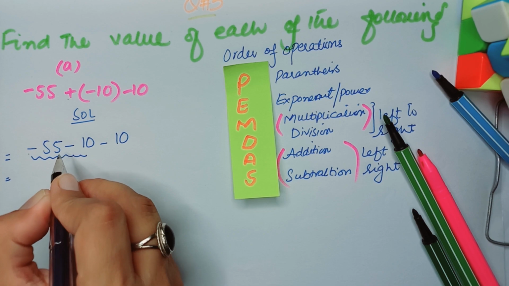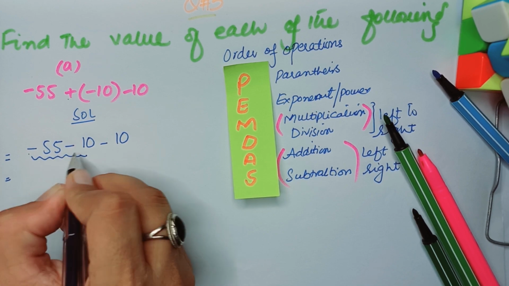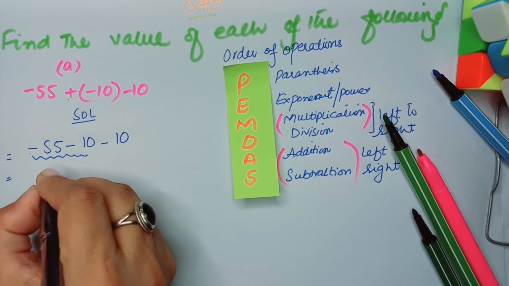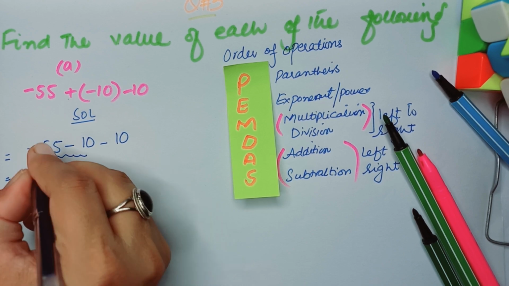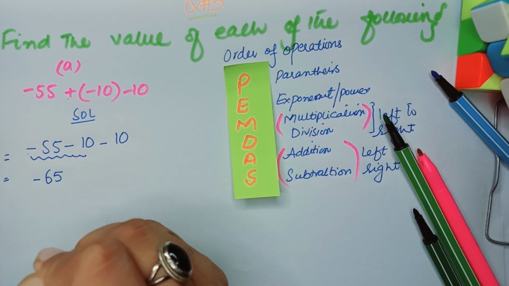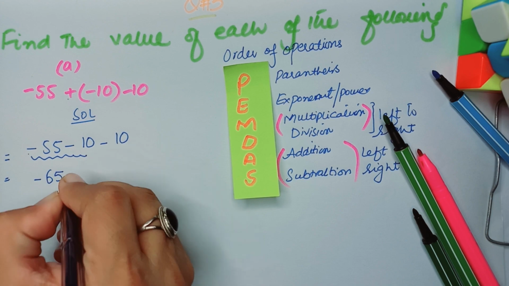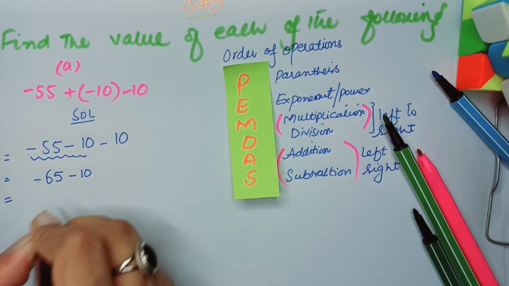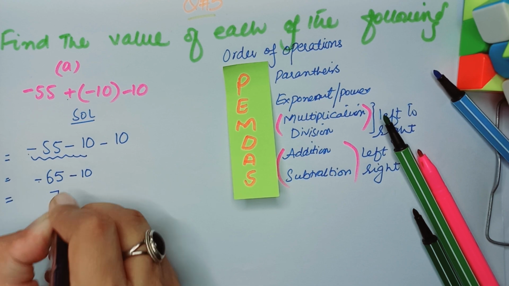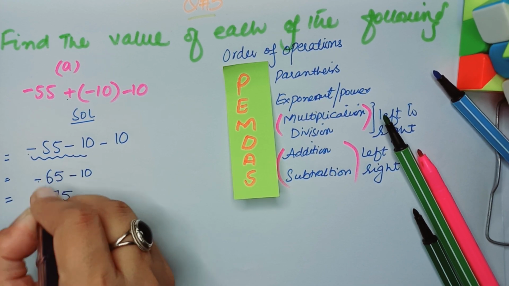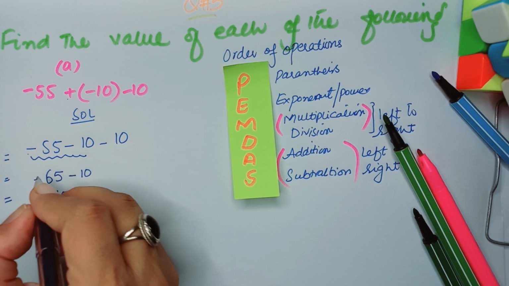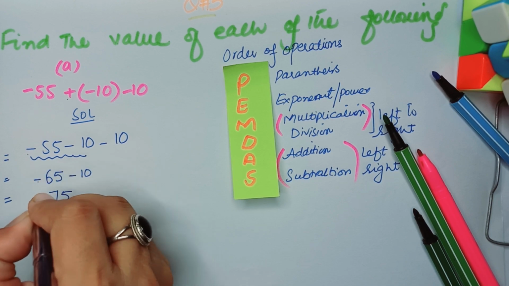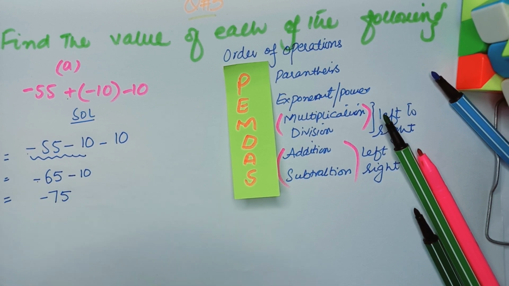Minus minus would be plus, and when you are adding you are getting 65, and the sign is of the bigger term. Then now this minus 10, so minus minus would be plus, it would be 75, and the sign is of the bigger term, so the bigger term is 65 and the sign is minus.